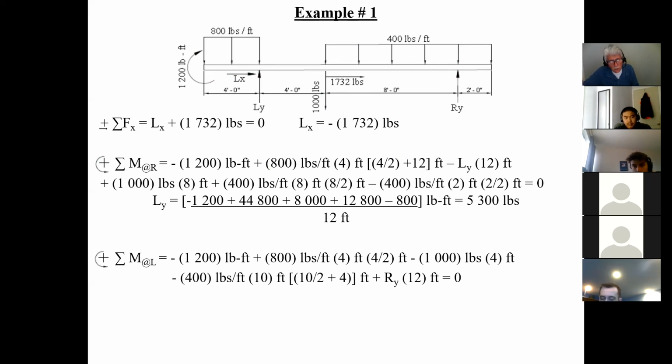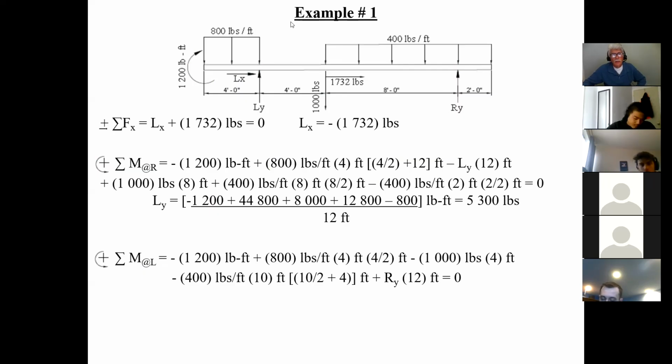I think that's one of the big mistakes they make in physics. They always lead you to believe counterclockwise is positive. No, counterclockwise is a sign convention that you choose, and if it happens to rotate in that direction, you have to give it a positive value in your equation. That's all it means, nothing more. It's got nothing to do with what's positive or what's negative. It's how the tension develops in the beam that tells you whether it's a positive moment or a negative moment, not the sign convention.